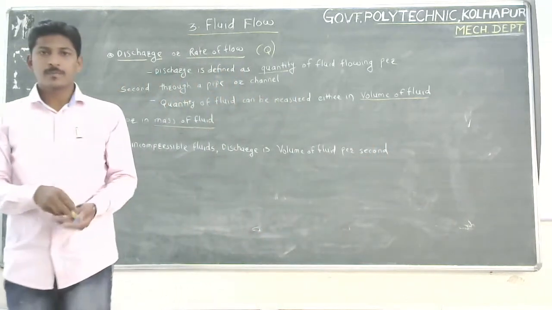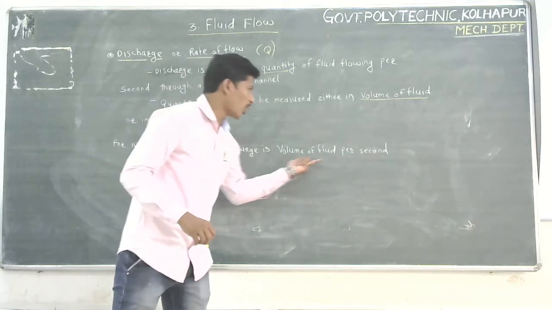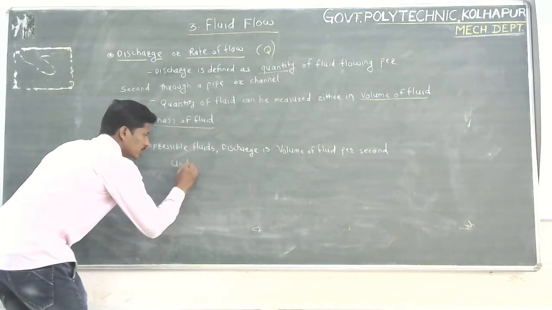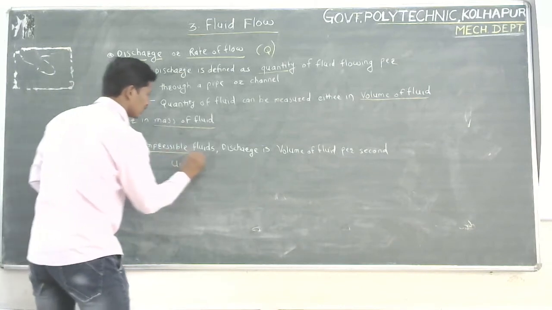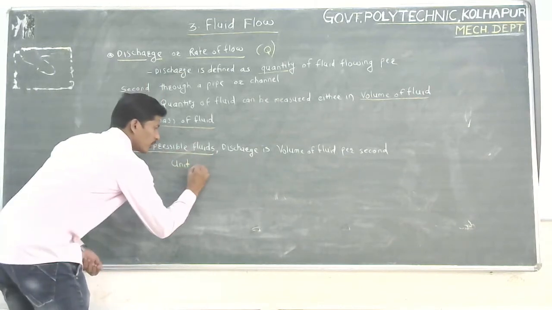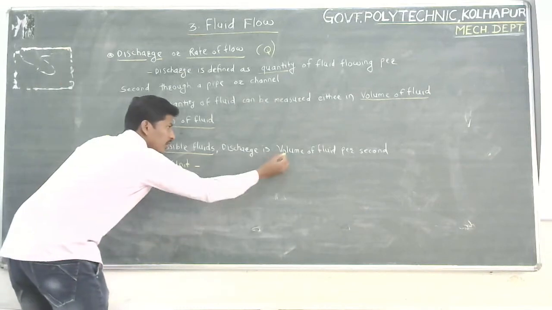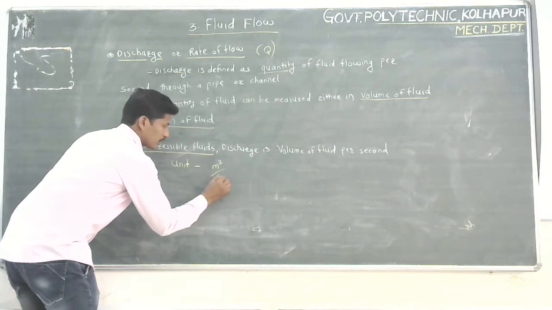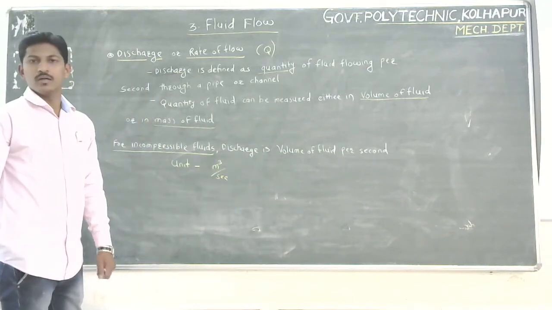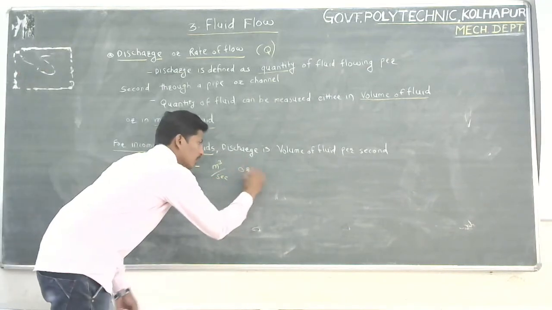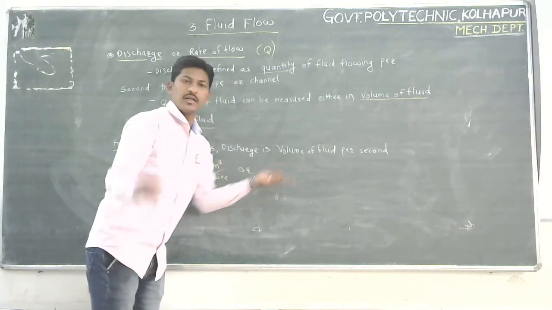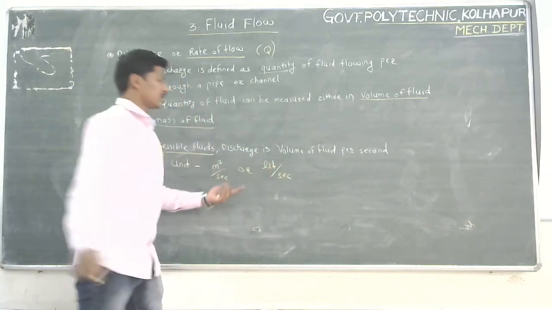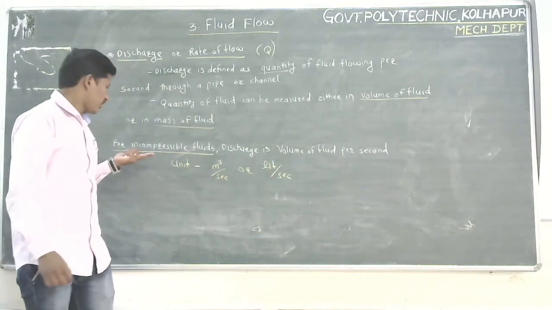As we are considering volume of fluid per second, what will be the unit of discharge for incompressible fluids? Volume can be measured as meter cube per second, or we can measure the volume in liters also. So it will be liters per second for incompressible fluid.